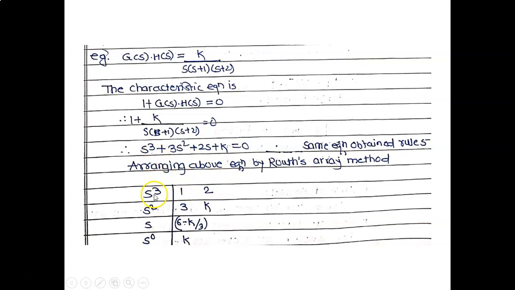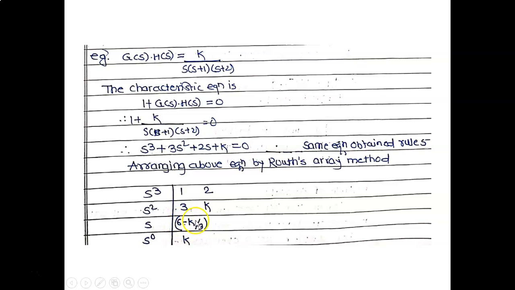First of all, write s cube, s square, s, s raised to 0, then this vertical line. Now, the s cube coefficient is 1. From s cube, you have to go to s, like this. What is the coefficient of s? 2. Now s square. What is the coefficient of s square? 3. Then you have to go like this, k.